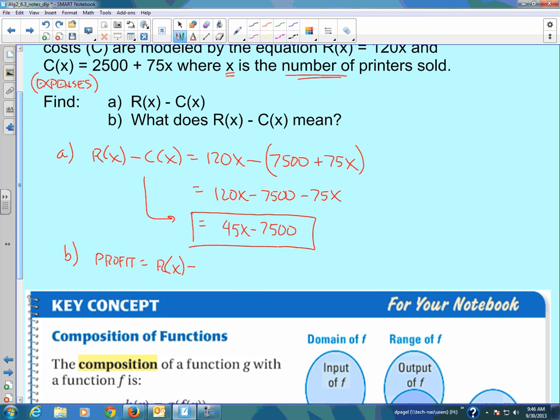As long as you have a revenue that's higher, you're going to get profit. If your revenue happens to be lower than your costs, then you're going to get loss. So you're going to have representing profit or loss. It just depends on if the revenue value is bigger or smaller than cost value. So there's an application.